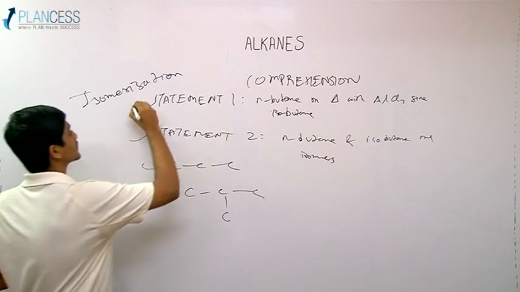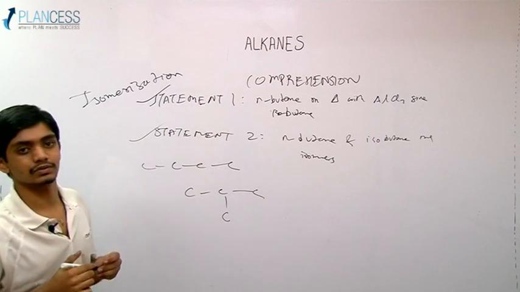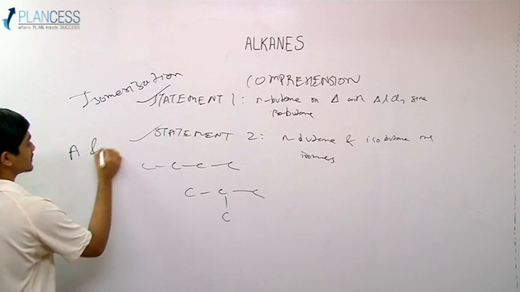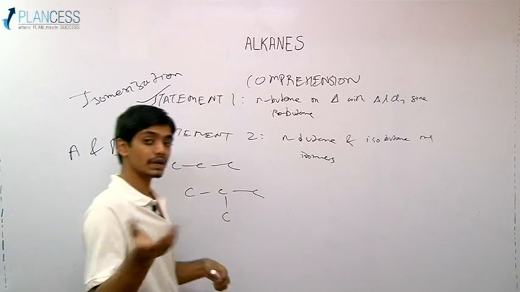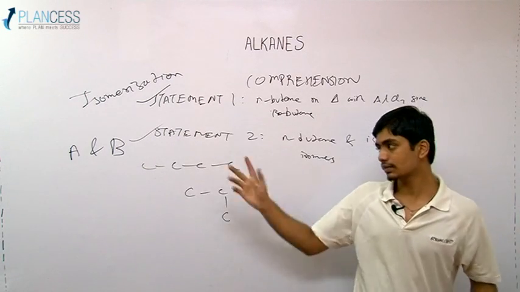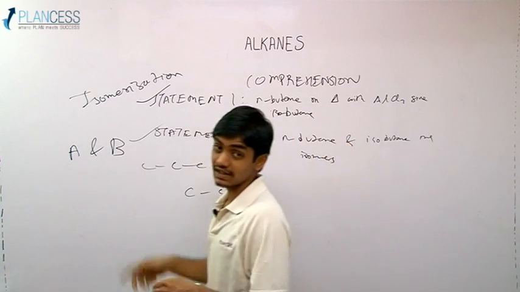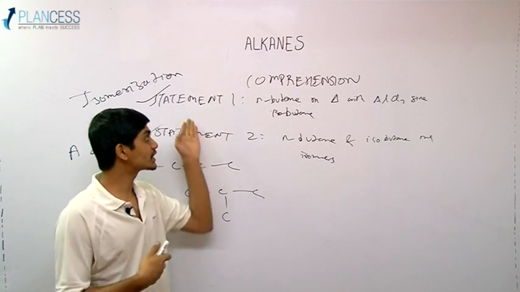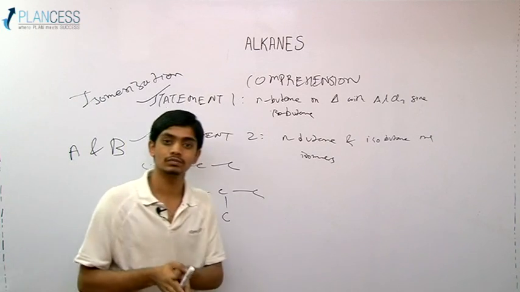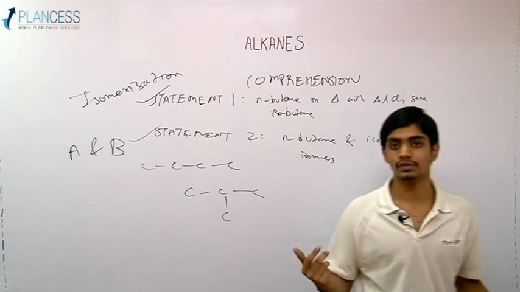We have decided that these two are correct statements. So that means our answer is either A or B, depending on the instructions on your question paper, the options. But which one, A or B? That depends on whether statement 2 is the correct explanation of statement 1. Is it? I don't think so.